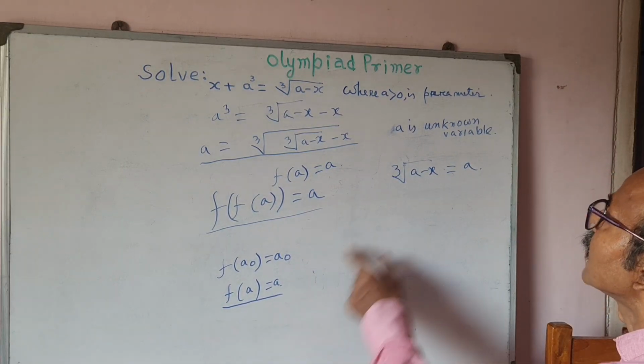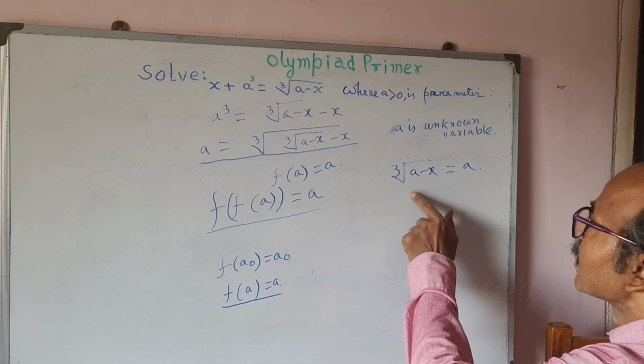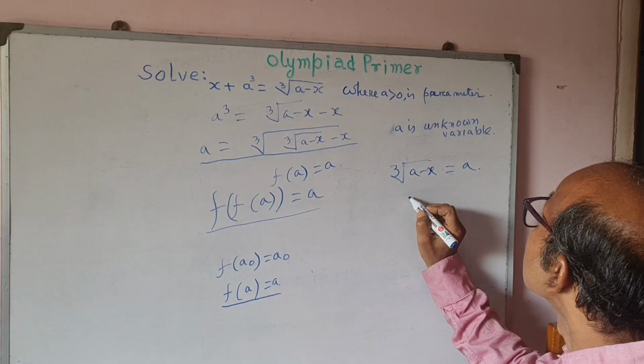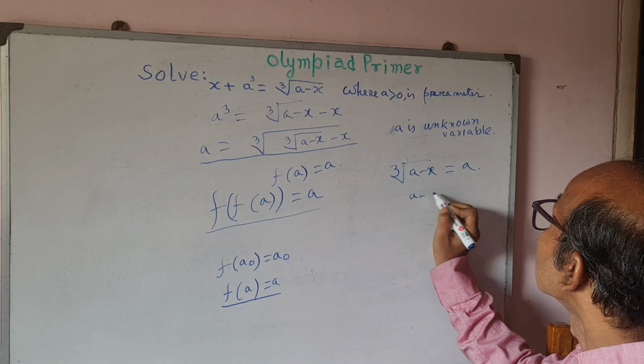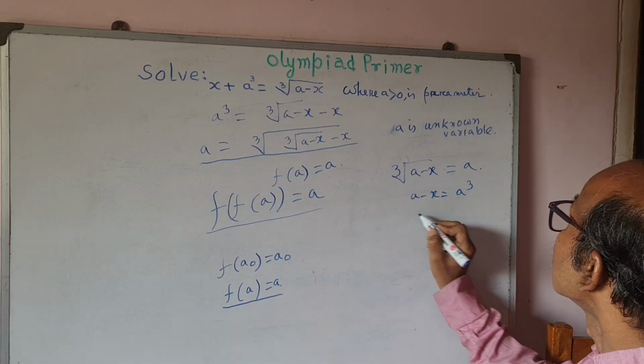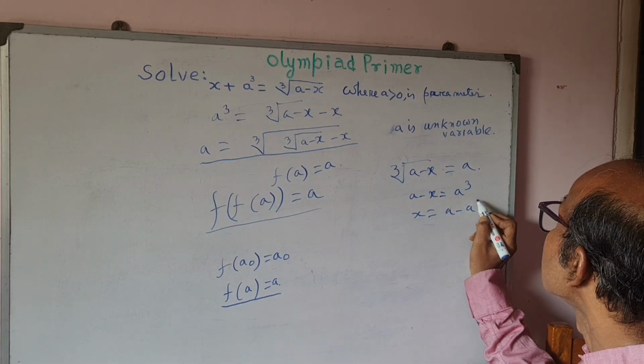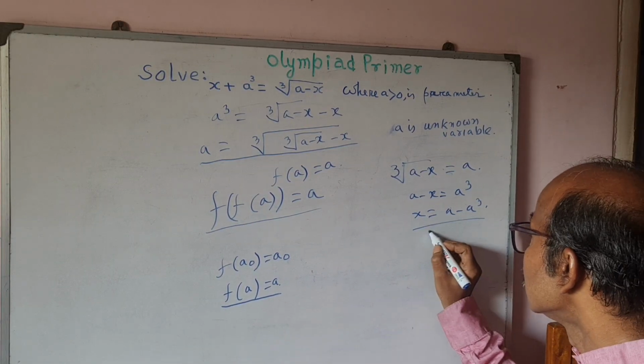Clearly if f(a) equal to a, that means cube of a minus x equal to a, which is nothing but a equal to a minus x. So this is the solution.